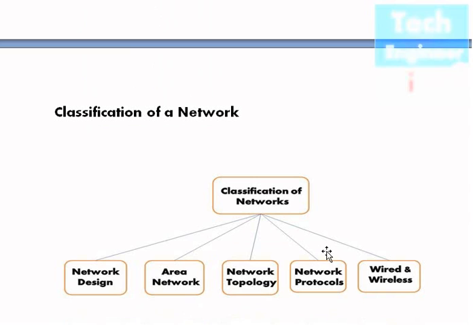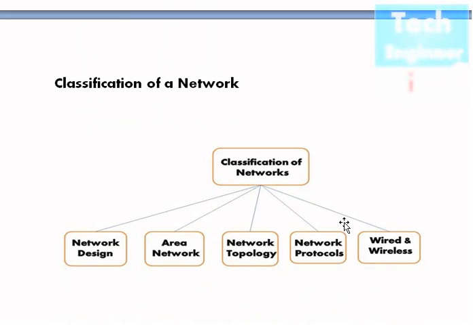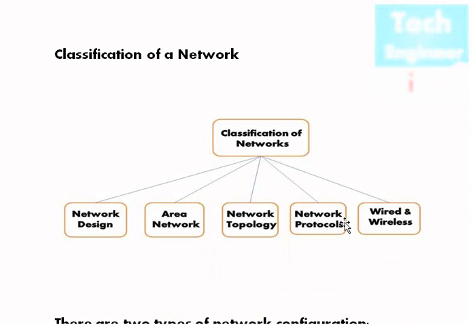Now I think classification of a network can be divided into a couple of types, like network design. Network design is basically a theoretical way: we learned about theories of network design and how to implement them.